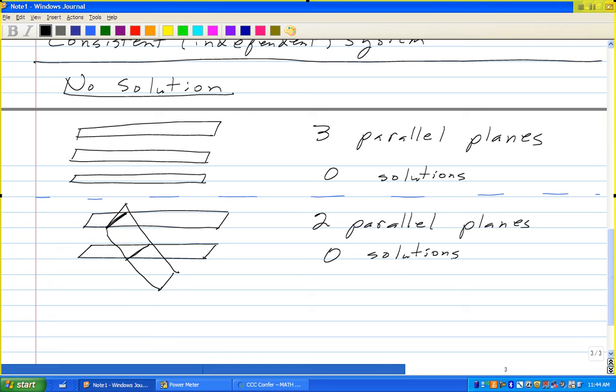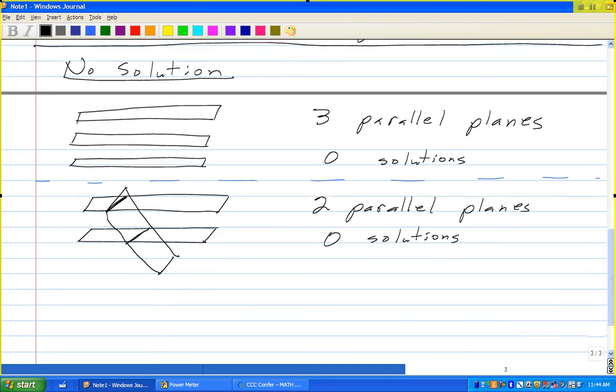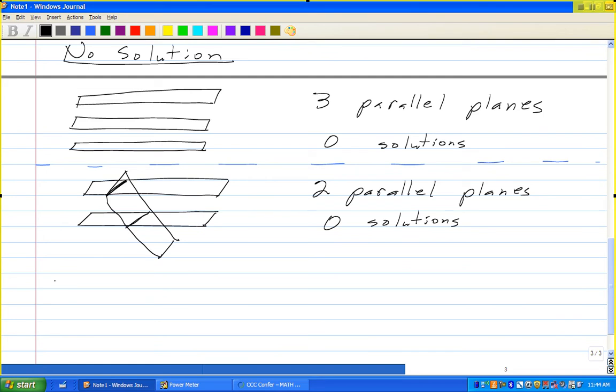And so we will call this an inconsistent, so for both of these cases above, this is an inconsistent, and of course independent system.